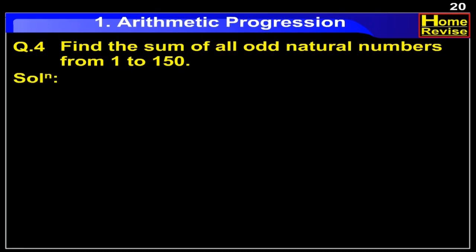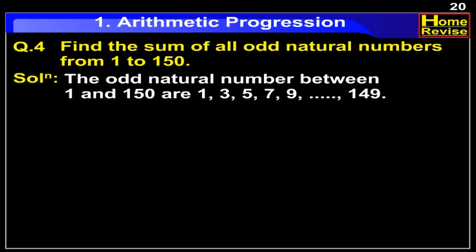Solution. The odd natural numbers between 1 and 150 are 1, 3, 5, 7, 9 and so on up to 149.